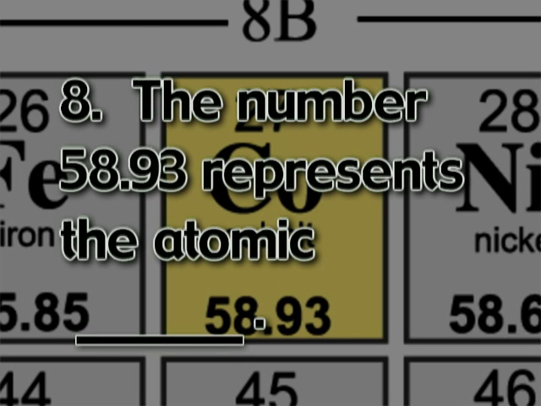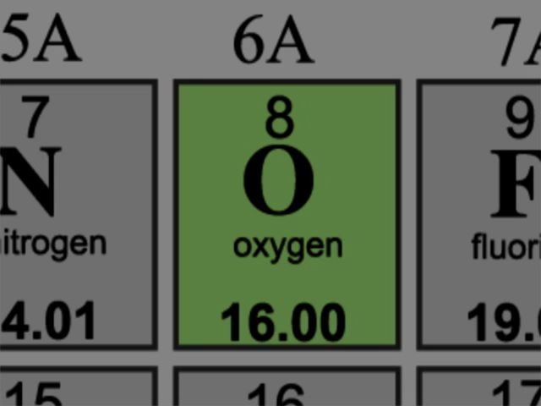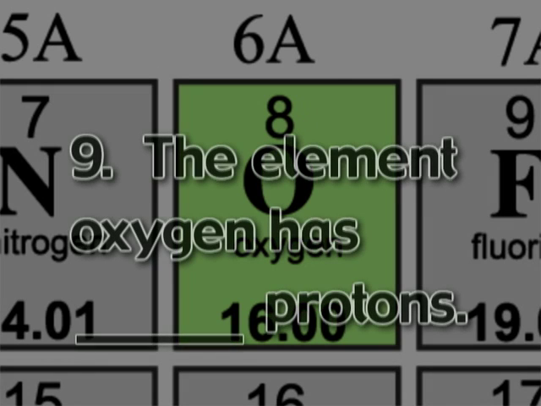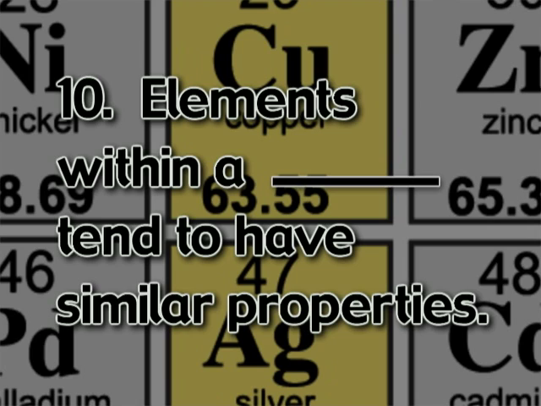The number 58.93 AMUs represents the atomic blank. Number 9. The element oxygen has blank protons. And number 10. Elements within a blank tend to have similar properties.